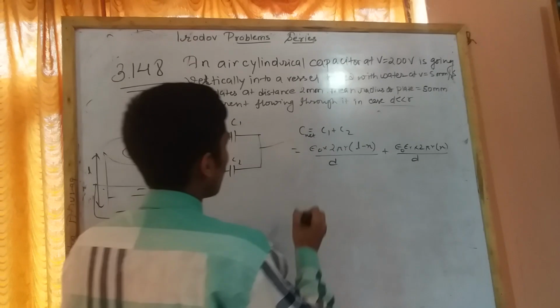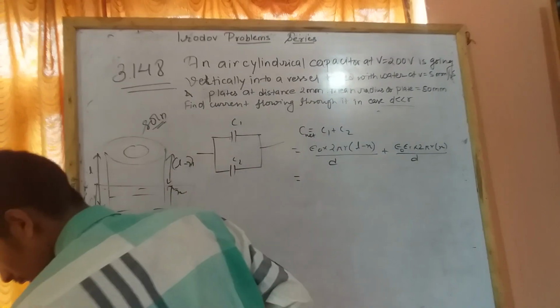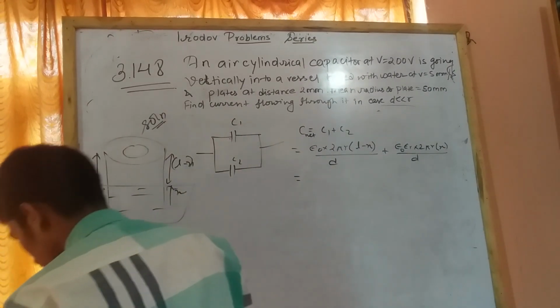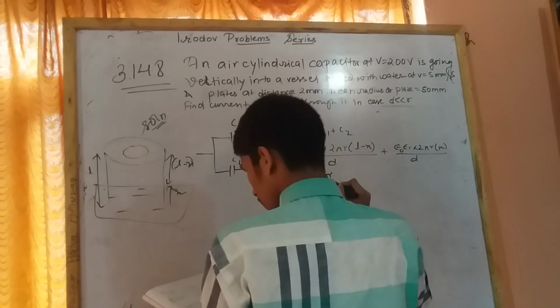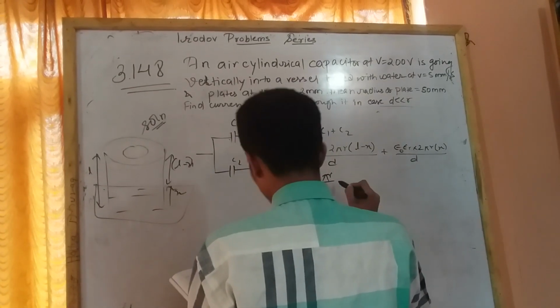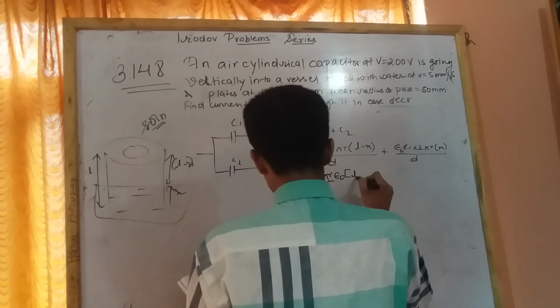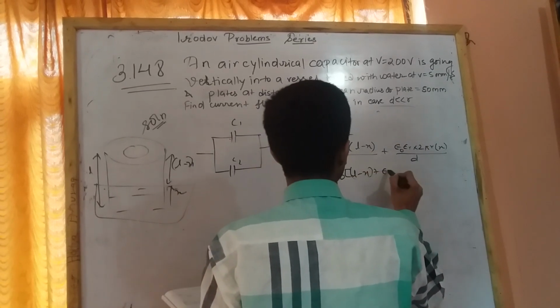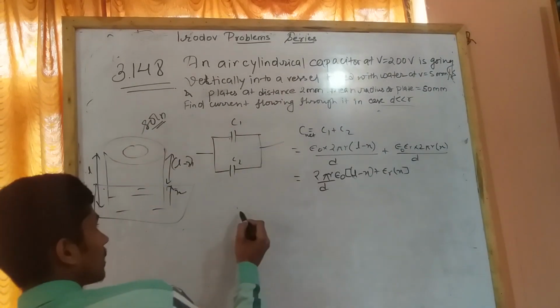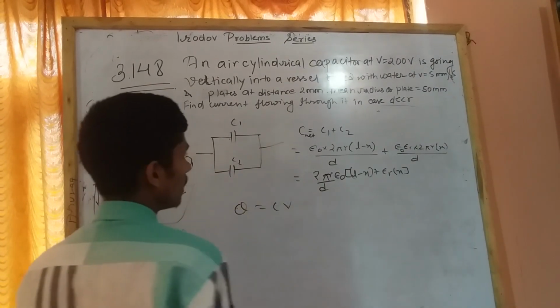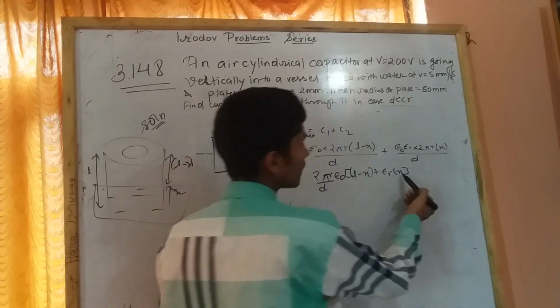Now if I simplify it, I don't want to take much of your time, it is simple. The capacitance comes out to be 2 pi r by D times epsilon naught L minus X plus epsilon r X. We do know Q equals CV. Because X is changing, the capacitance is changing.